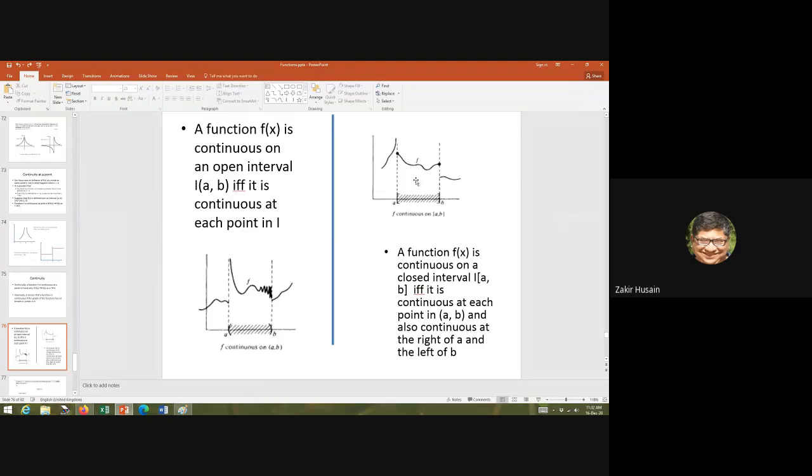So this and this is the same. The only difference is that if we define this as an open interval, we are simply looking at internal points. This is a closed interval. We are looking at x equal to a, x equal to b, and all x's lying between a and b.